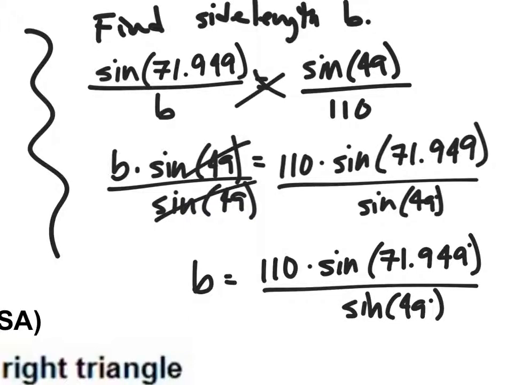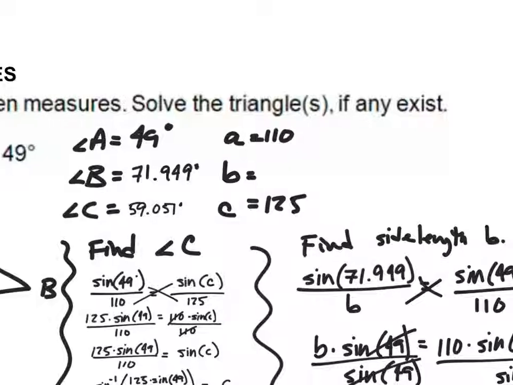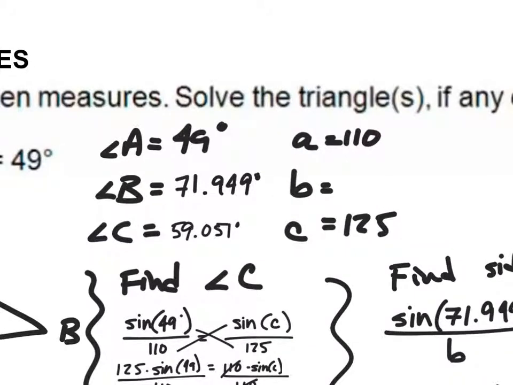So then this gives us a side length that is approximately 138.578. All right, and that's that side length for B, which makes sense because it matches up with our largest one.